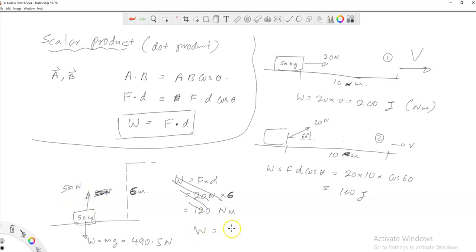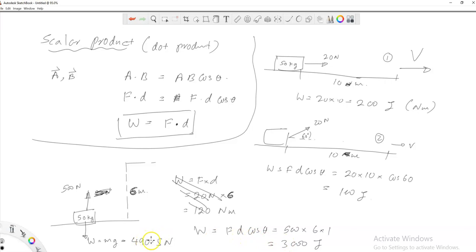Work equals force, distance, cosine theta: 500, 6 meters. It's in the same direction, so cos theta becomes 1. So the answer is 3000 joules, right? The amount of work you do is 3000.